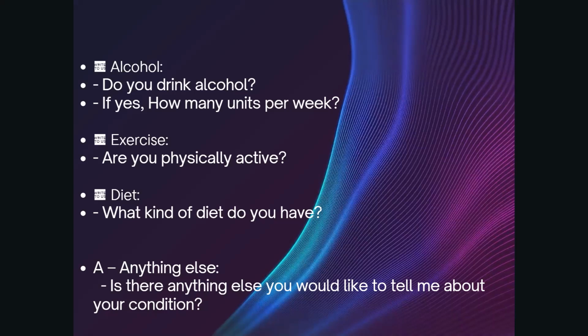Okay, and it shouldn't be drunk all at once. So if someone is going to drink alcohol during the week, it should be a maximum of 14 units, and it should be divided during the week. So you shouldn't drink 14 units on one day, on a Saturday night or something like that.